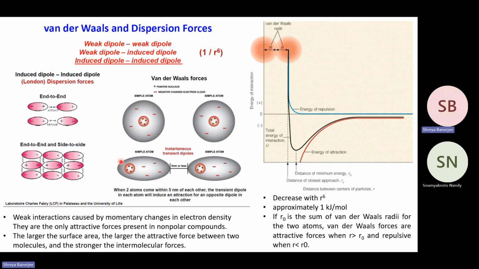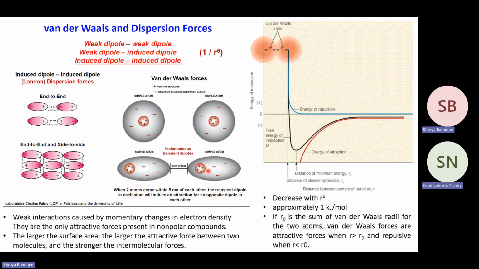Like if the electron cloud is displaced towards this side, it will get a net negative charge. And so this is a transient dipole. Because this side has a net negative charge, it will pull the nucleus of the adjacent atom close to it. And so this atom will also get a transient dipole. Then this minus charge and this plus charge will attract each other to form the van der Waals forces.